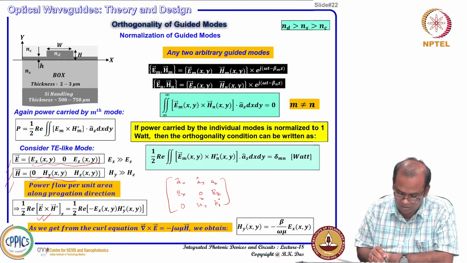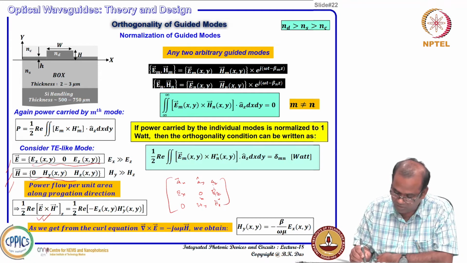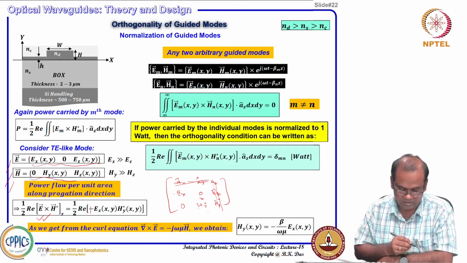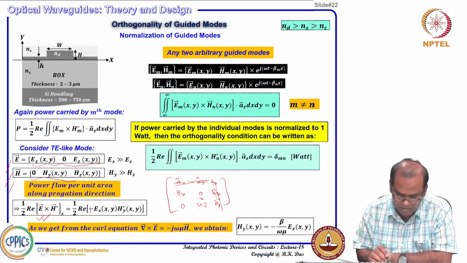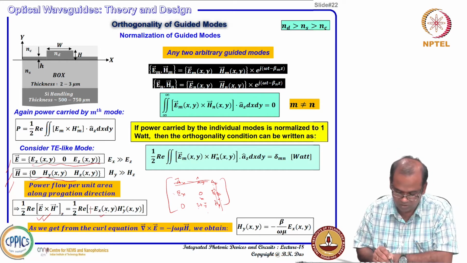Now for power flow along the Z direction, I have to consider the Z component of E cross H. That means Ex multiplied by Hy star. I think this should be a plus sign. Yes, Ex, 0, and Hy star. So this would be a plus sign there. So power flow per unit area along the propagation direction has a plus sign. If this component, Ex Hy, is known, then we can write it like that.